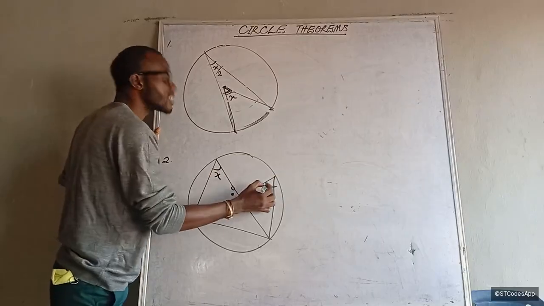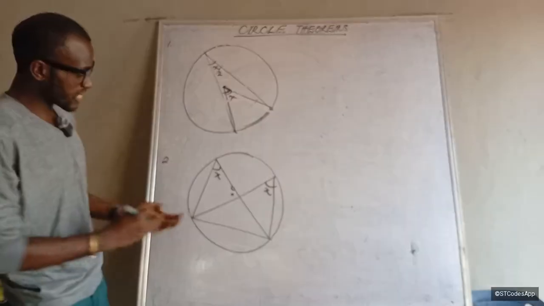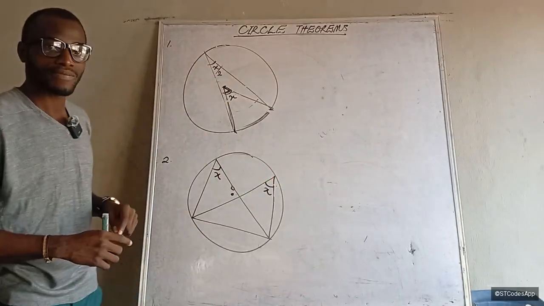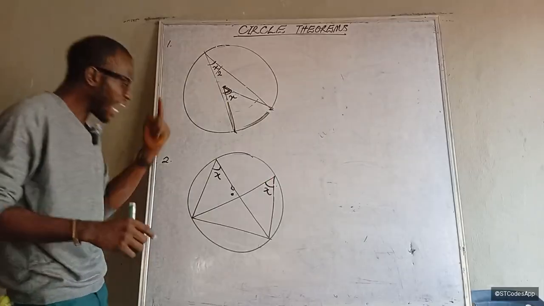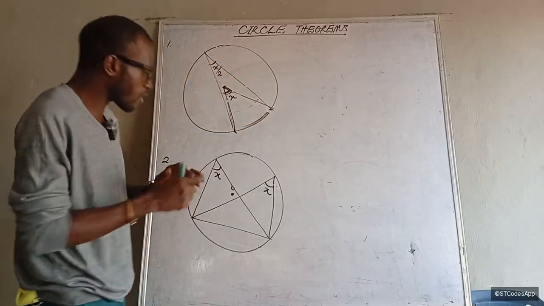If this is x, this will also be what? x. They will have the same value because they are in the same segment at the circumference. Is it clear?